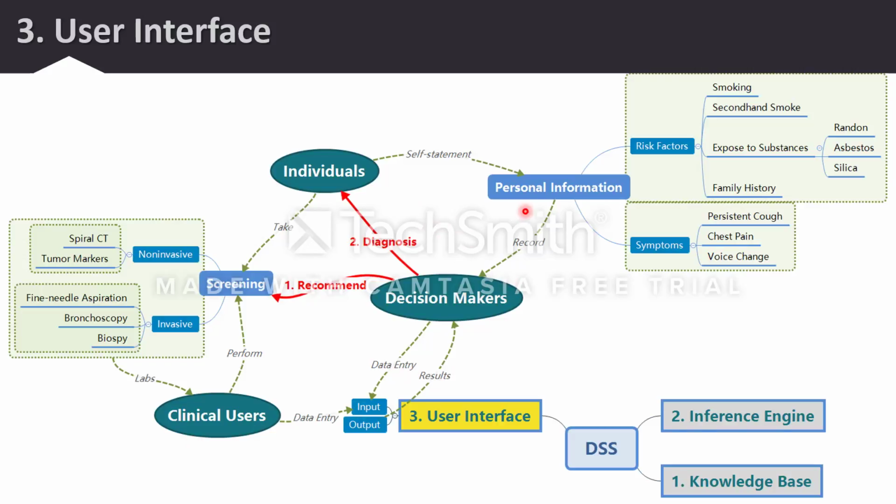Decision makers obtain personal information from individuals, including risk factors and symptoms, and pass them into the model to see whether this person belongs to high-risk people or not, and recommend screening. After adding screening data into the diagnosis model, such as node detection, decision makers can predict the possibility of malignancy and arrange surgery or treatment.